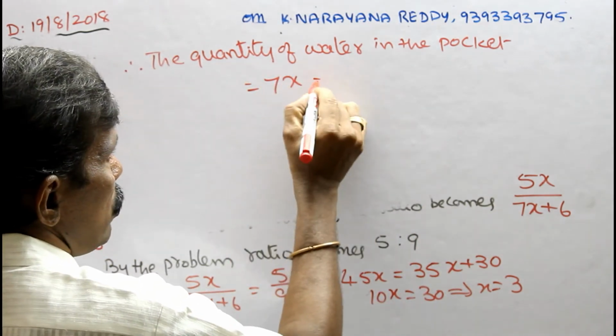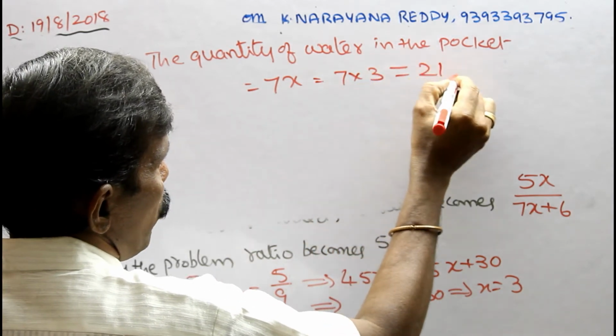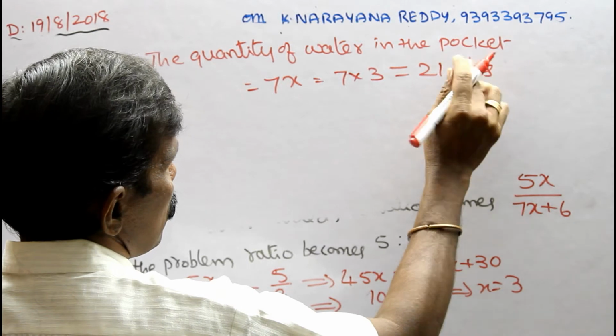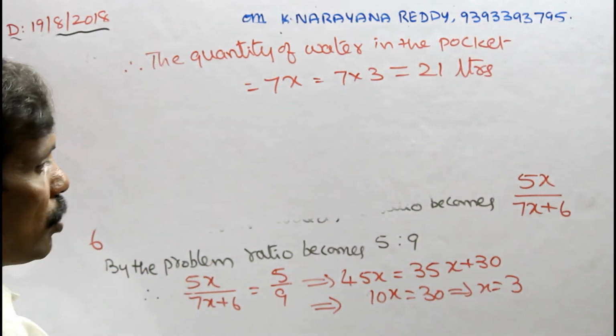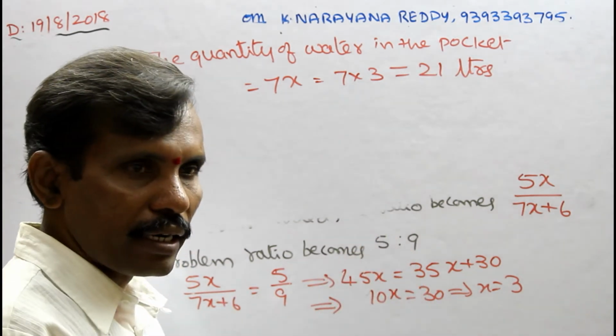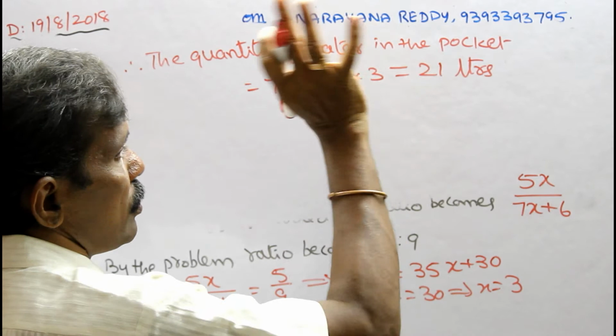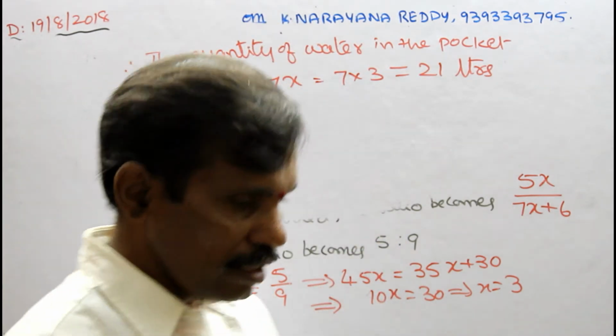That is 7 into 3, that means 21 liters. Okay. So that is the answer. So how much water is there in the pocket? 21 liters. Okay. In this way you can find the quantity of water in the pocket.